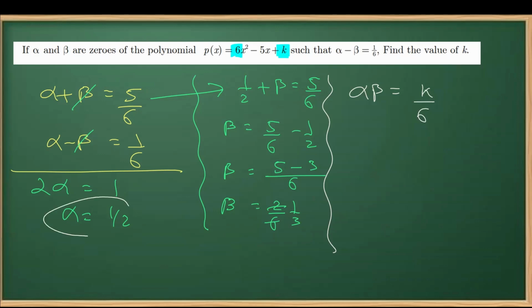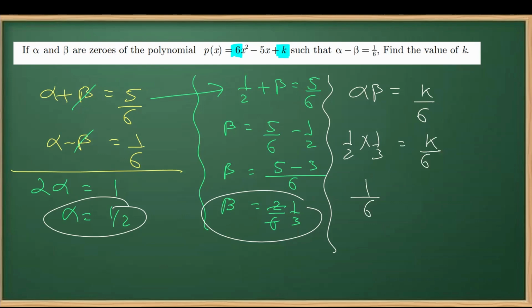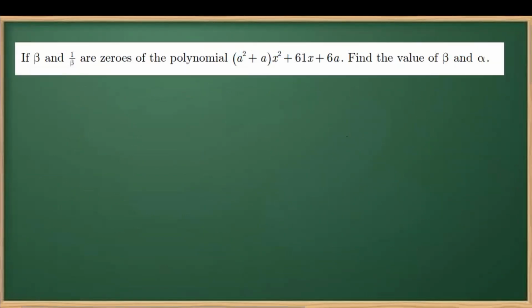Next, we are going to replace the values of alpha and beta. Here, alpha can be replaced with 1 over 2, and beta in this case can be replaced with 1 over 3, is equal to k over 6. Now this is what? 1 over 6 is equal to k over 6. So we can cancel like this, and obtain k as 1. So 1 is the value of k in this case.